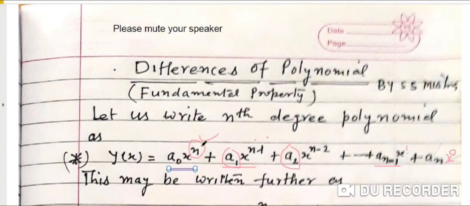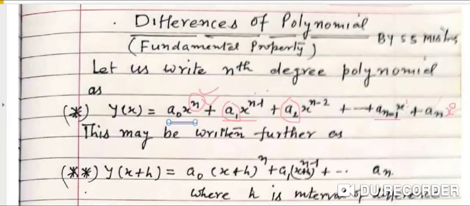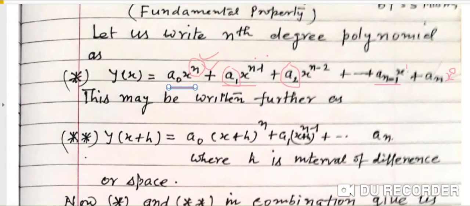So here we start from the highest power n and go down to x naught, so the degree goes from 0 to n.